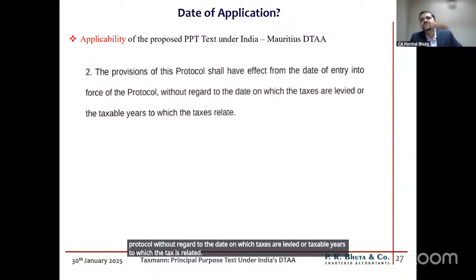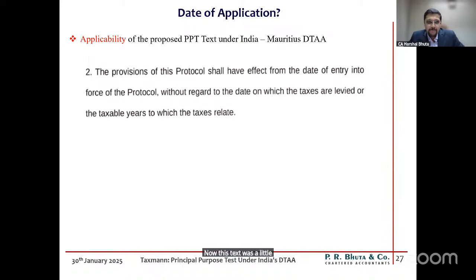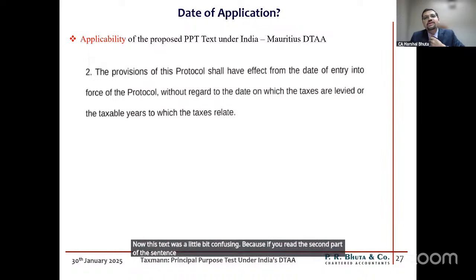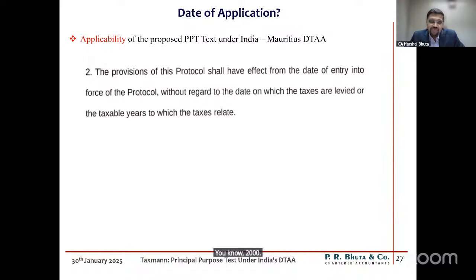Now, this text was a little bit confusing because if you read the second part of the sentence, without regard to the date on which the taxes are levied or the taxable years. So let's say the taxable year relates to 2020. The protocol has been signed now. Can it apply to a 2020 arrangement?